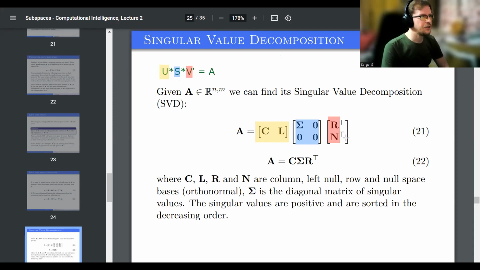Let us now understand what those are. This C is a column space basis, an orthonormal basis in the column space. This L is an orthonormal basis in the left null space. This R is the orthonormal basis in the row space. This N is an orthonormal basis in the null space.